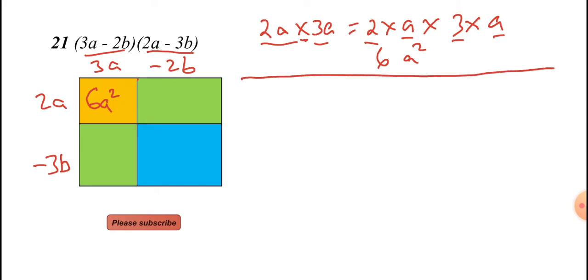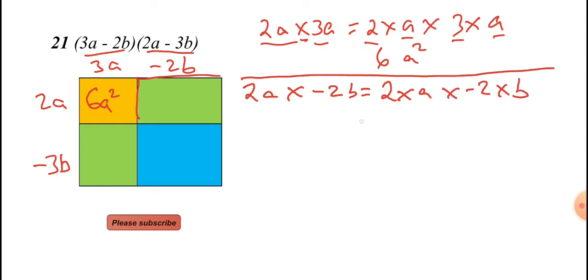Then we've got here 2a times minus 2b, which is the same as saying 2 times a times minus 2 times b. So 2 times minus 2 is minus 4, and then a times b is ab. So here I will write minus 4ab.